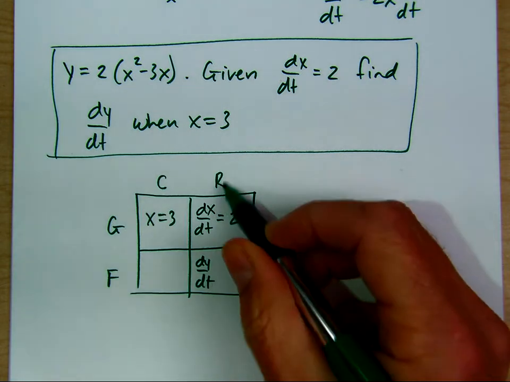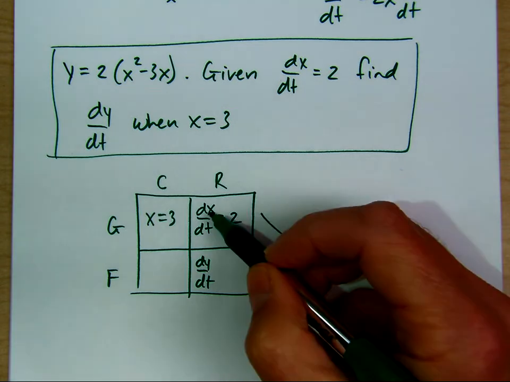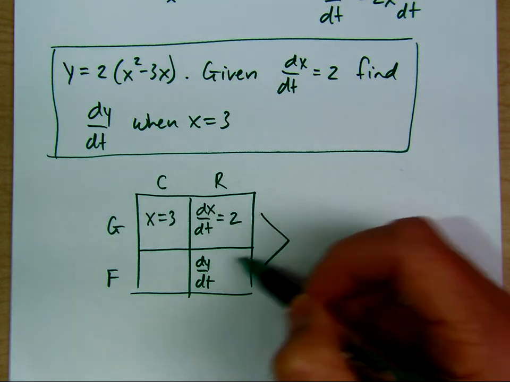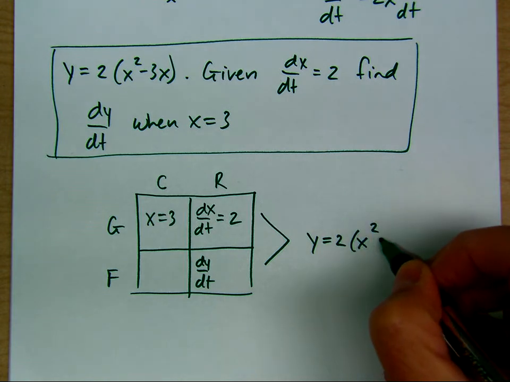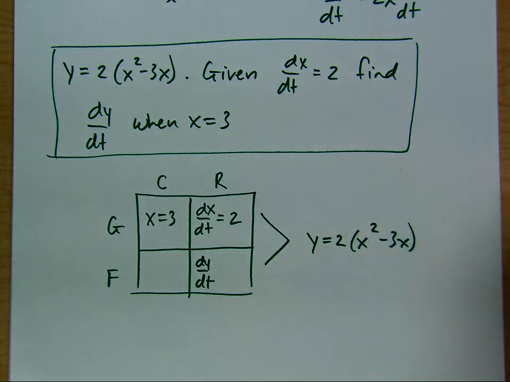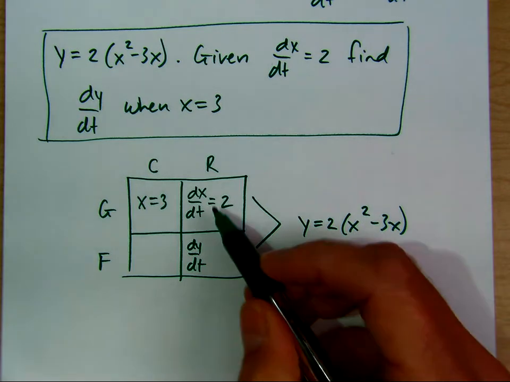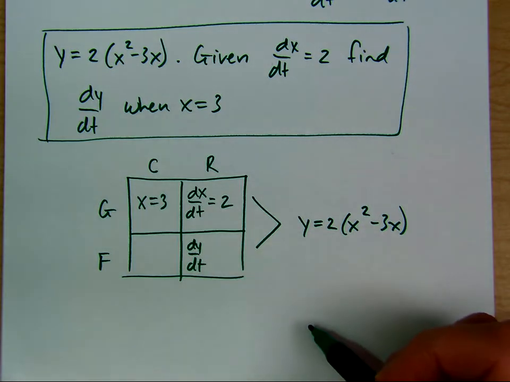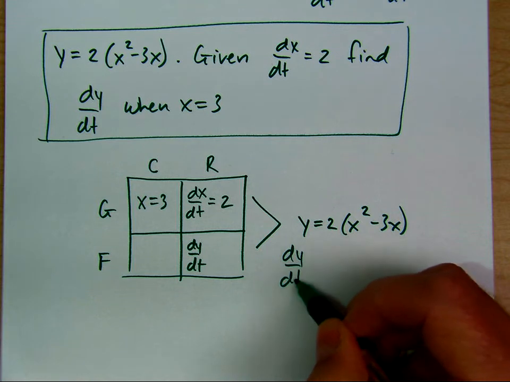Find the rate. And then we can relate x and y. The relation is given. So that's how x and y are related. Now we need to find out how dx/dt and dy/dt are related. How are the rates related? So we have dy/dt.